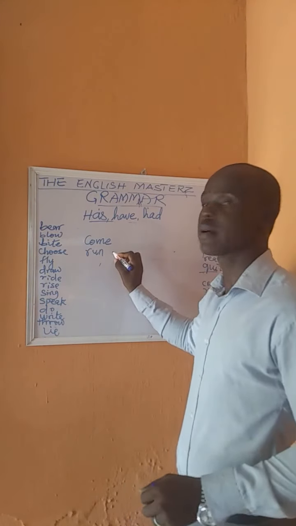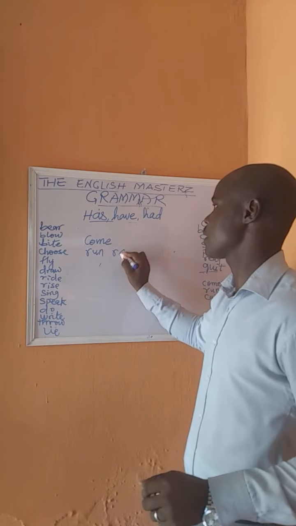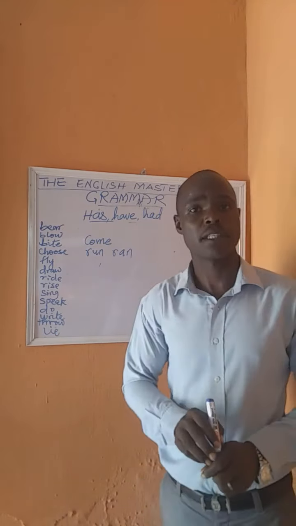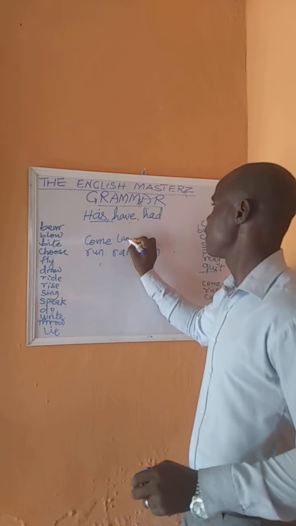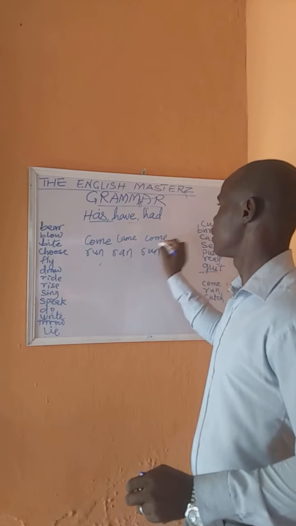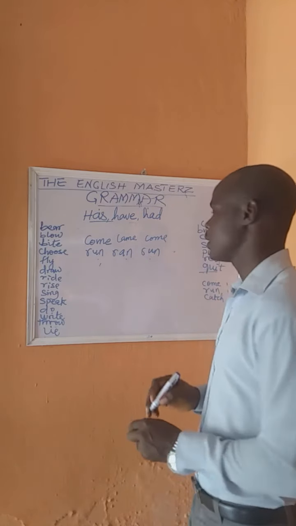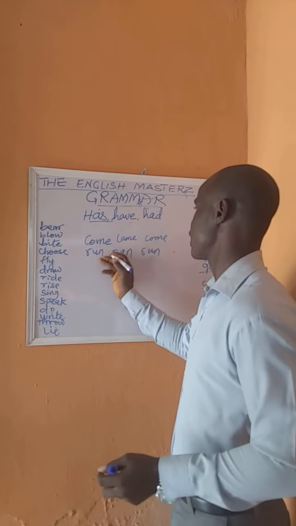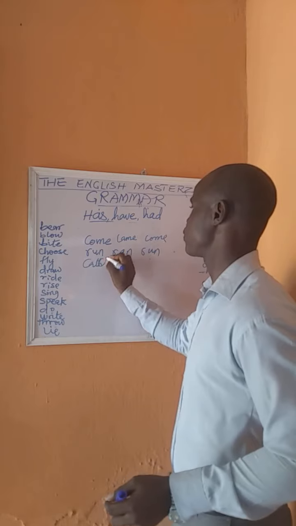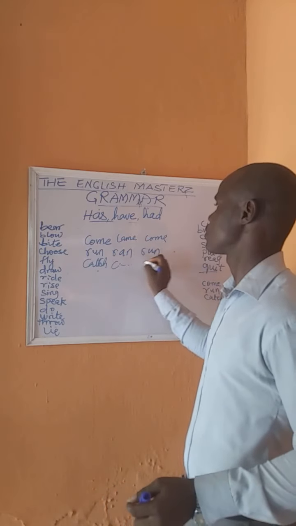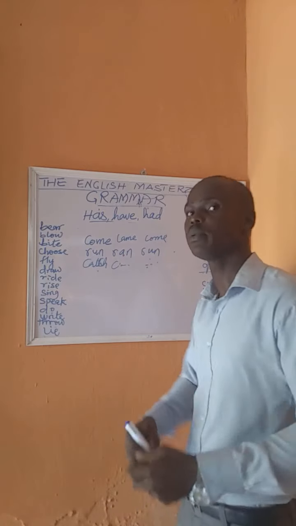Past tense, ran. And then past participle, run. Came, come. Run, ran, run. Now another example, we have catch. Past tense, caught. Past participle, caught.